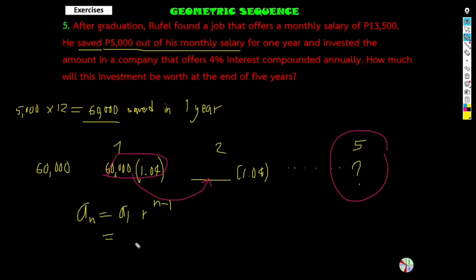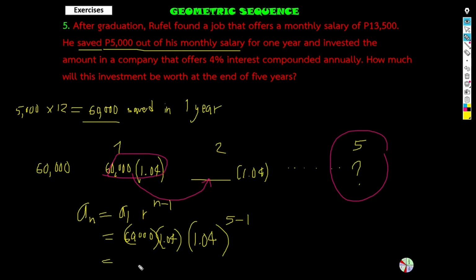A sub 1 is just equals to 60,000 multiplied by 1.04. That is a sub 1 times r, where the ratio r is just equals to 1.04. It's just the same. Then n is just 5 years.